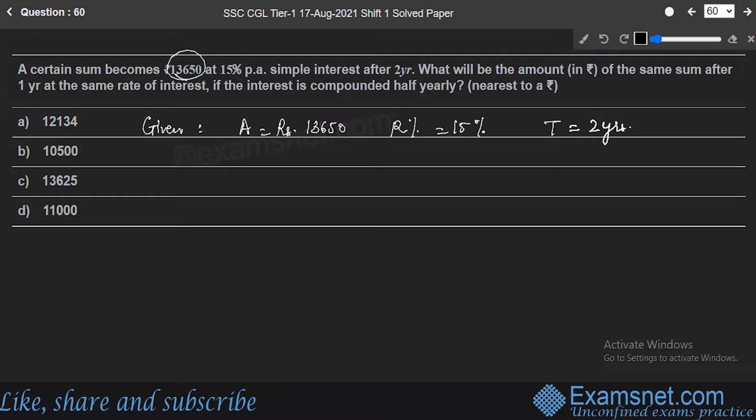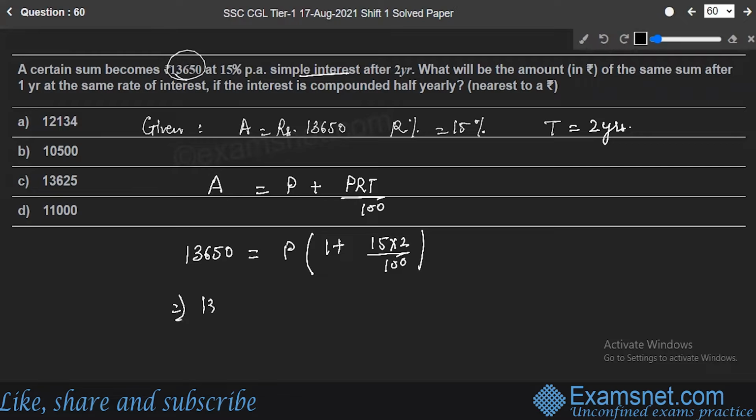2 years, right? Now, first time it was given on simple interest, and you know the formula for that. Amount is equal to principal plus PRT upon 100. What was principal? We don't know. We have to calculate that. Amount we know, that's 13650. So I'm taking this P common. 1 plus R is 15 into 2 upon 100.